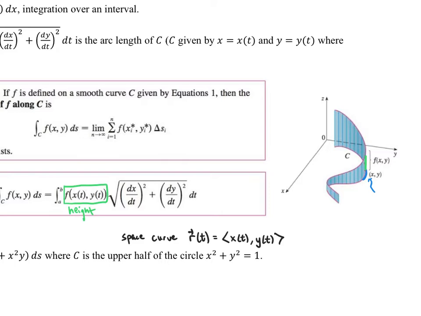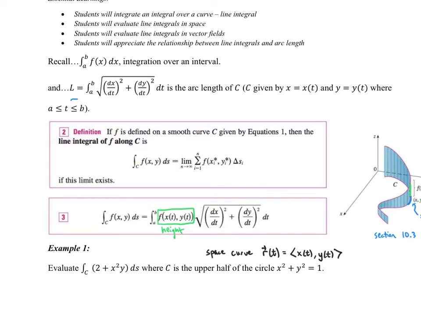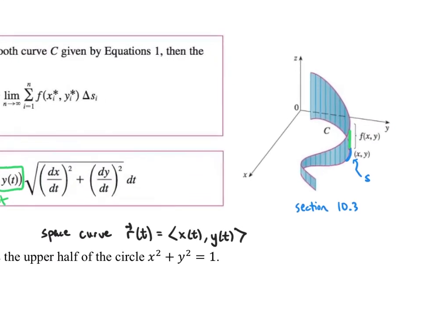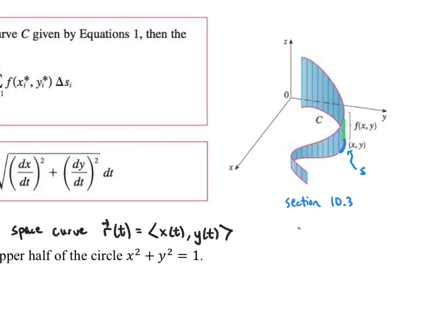And so that particular arc length we're going to call S. And if we think back all the way to chapter 10, I think it was section 10.3, we talked about finding arc length and the formula for it, which is listed here in our notes as L. You can call it S or whatever you'd like to call it. But when we talked about it in 10.3, we called it S, and we calculated ds, which is the differential for arc length.